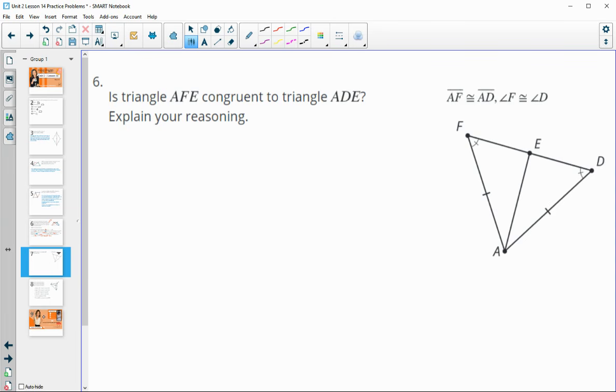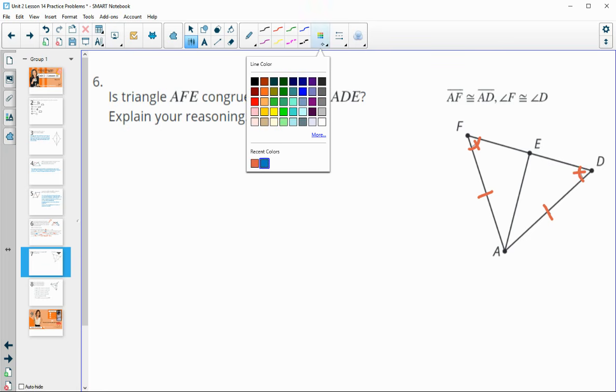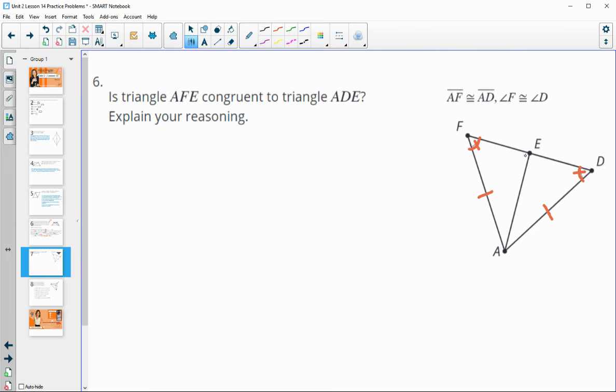Number 6, is triangle AFE congruent to triangle ADE? Explain your reasoning. So they've marked on the picture what they're giving us. They're telling us that this side is congruent to this side, and then that this angle is congruent to this angle. So do we have enough information to prove that the triangles are congruent to each other? The other thing that we know is that segment AE is in both triangles, so we could mark that. And we don't know any other information. They didn't tell us that E is a midpoint. They didn't give us another angle congruent, that this is a bisector.